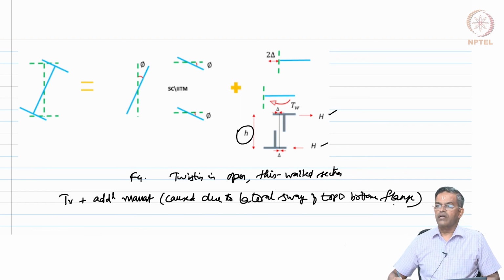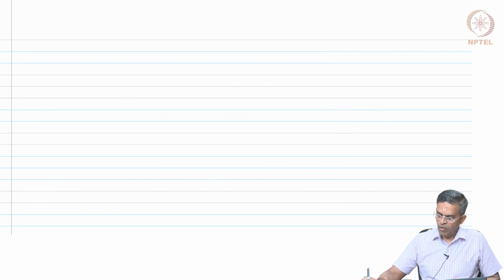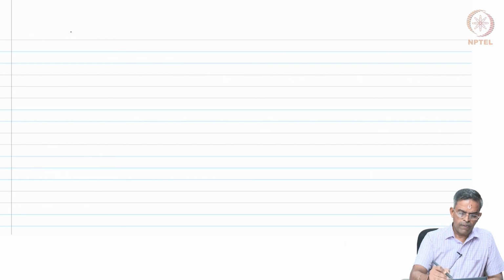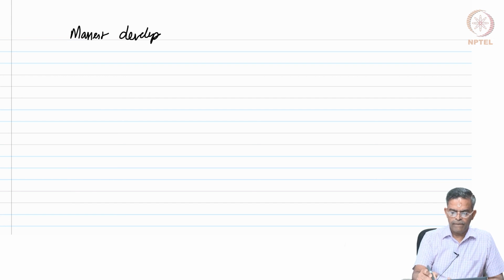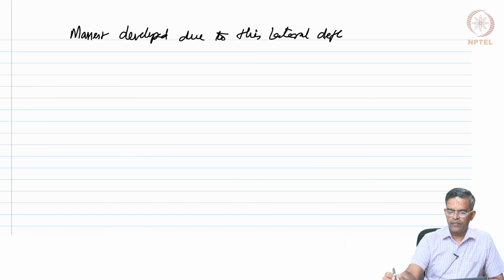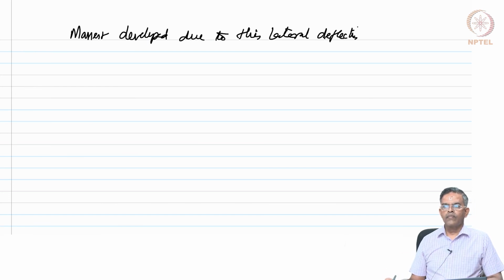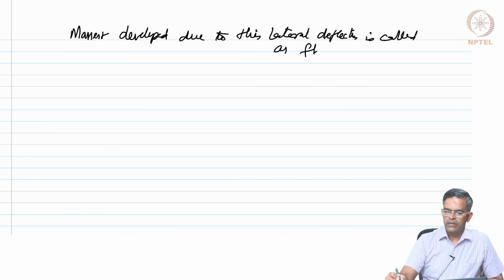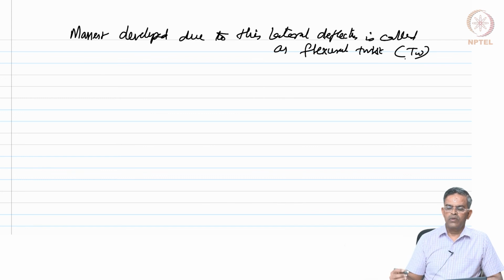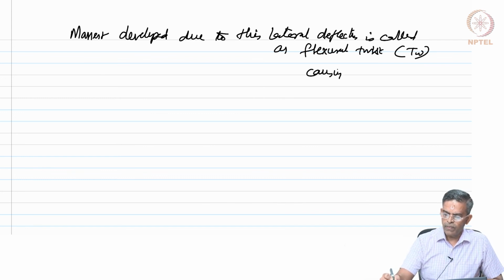They move by the same amount delta, so the net sway is 2 delta, but they are in opposite directions. The moment developed due to this is called flexural twist, which I call Tw, causing warping.